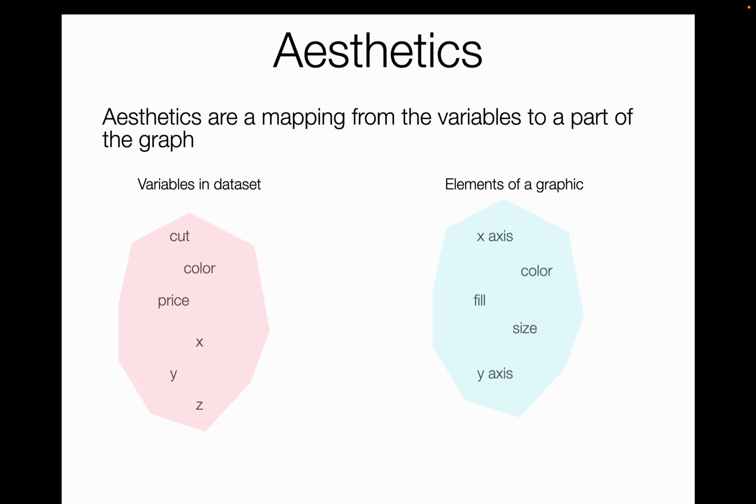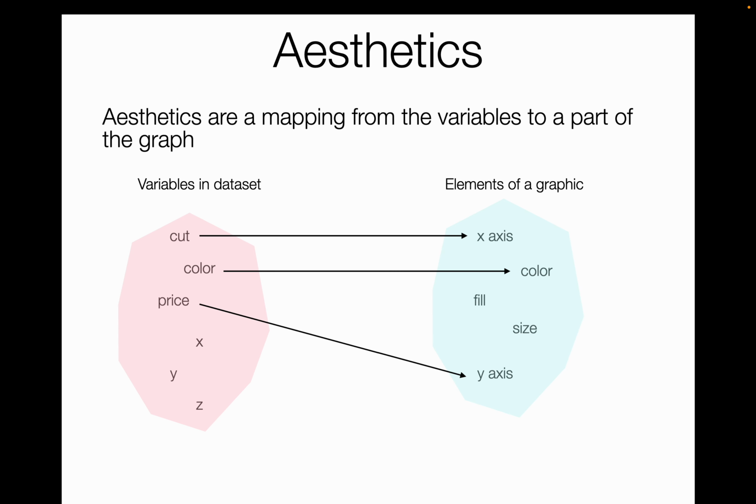So aesthetics. Aesthetics are a mapping from the variables to the part of the graph. So think of this as like a function, like back in algebra 2 or pre-calculus. Any function in general is a mapping from the domain to the range.